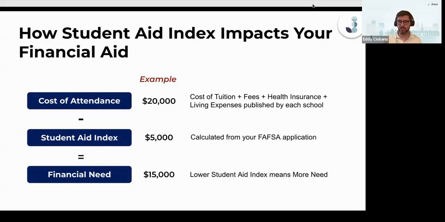Now, it's not guaranteed because, again, there can be other factors, and we get in depth a lot about this when we talk about appealing financial aid. There can be several other extenuating circumstances, high medical bills, circumstances that are not reflected on the FAFSA that then allow you to appeal your financial aid offer, and allow the financial aid office to reconsider and recalculate based on the new information and the documentation that you provide.